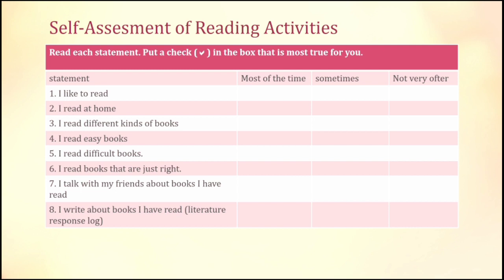And then number two, read at home. Whether the learner most of the time reads at home, or maybe just sometimes or not very often. And until the last statement, the student should put a tick based on the reality.